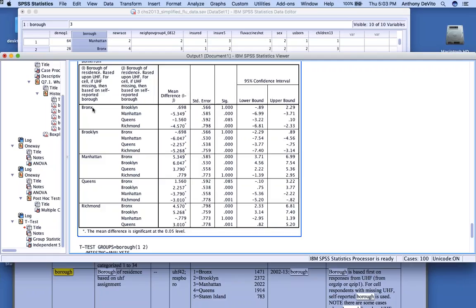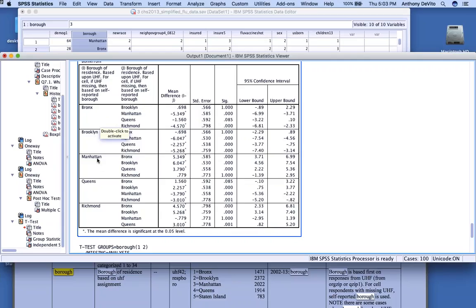For instance, this first box, right up here, shows you that you can reject the null hypothesis for Bronx and Manhattan, but also Bronx and Richmond. But you have to go down here to reject for Brooklyn and Manhattan, and Brooklyn and, well, you already got Brooklyn and Queens, right?